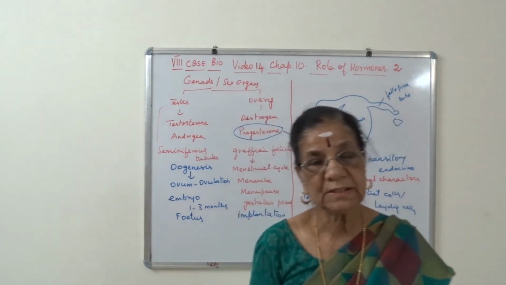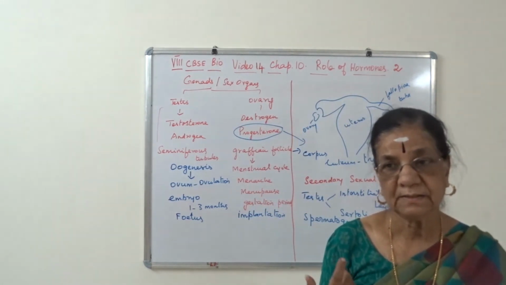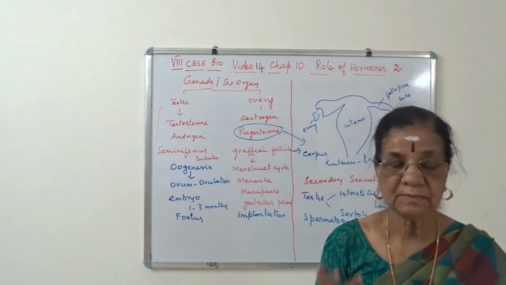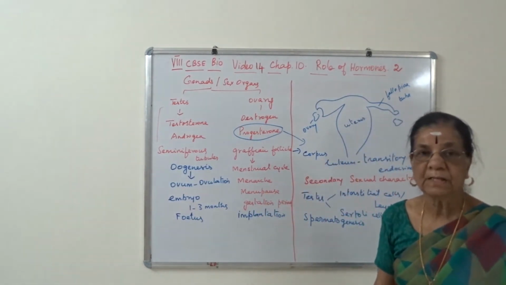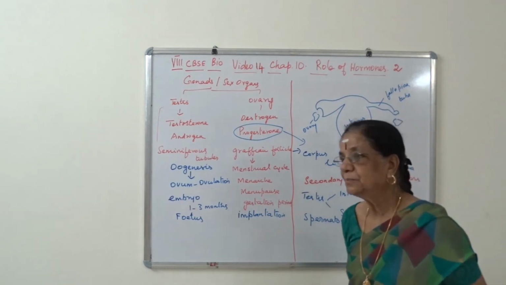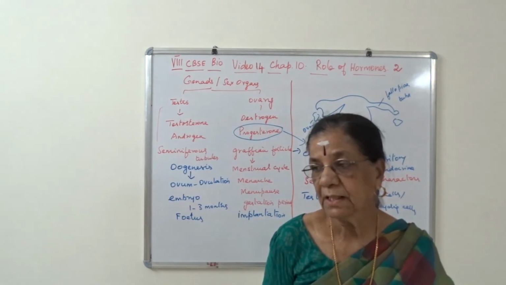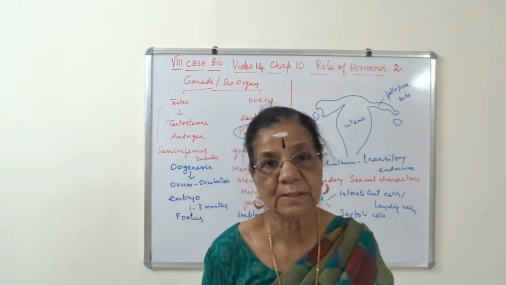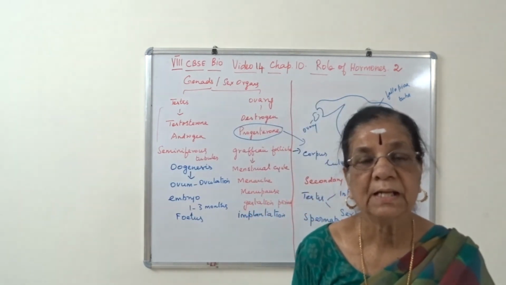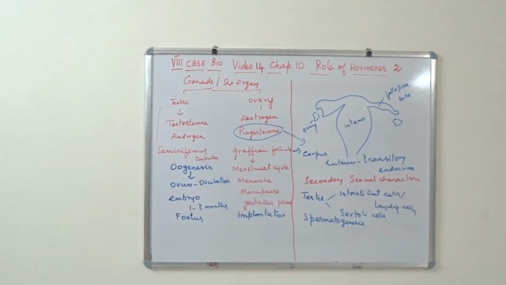Now, these Sertoli cells will take part in development of the testis, and the other normal tubules will take part in spermatogenesis. I hope you understand. And then millions of sperms will be formed at the time of reproduction. At puberty, millions of sperms will be produced by the male reproductive system. I hope you understand. So this is for male reproductive system.